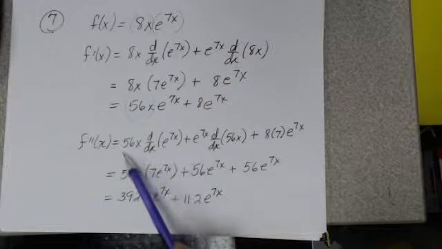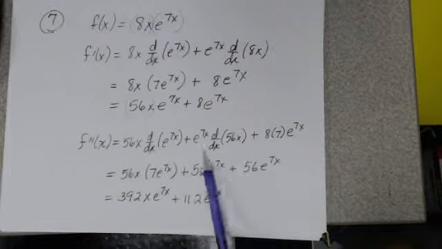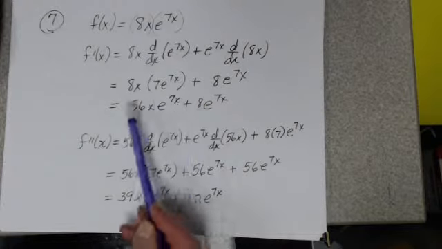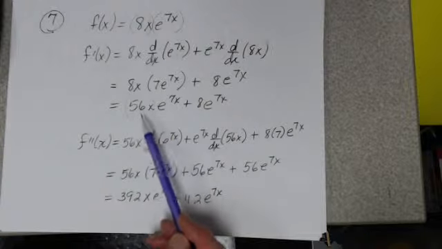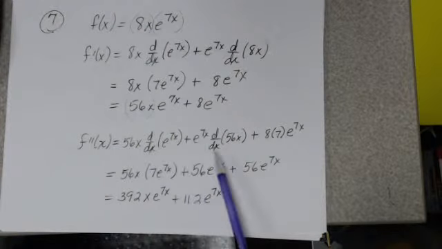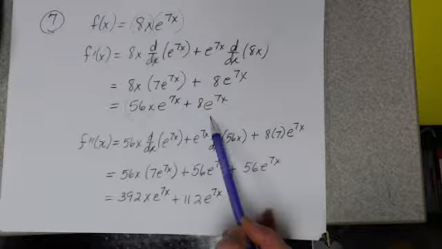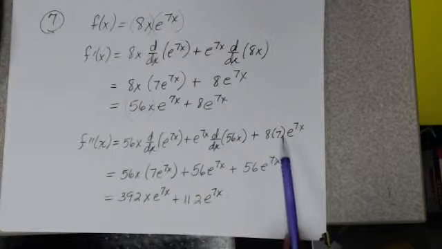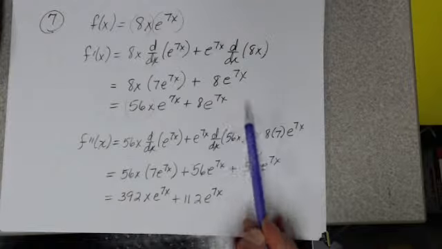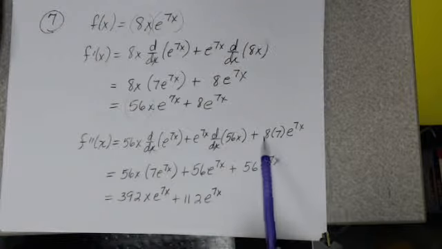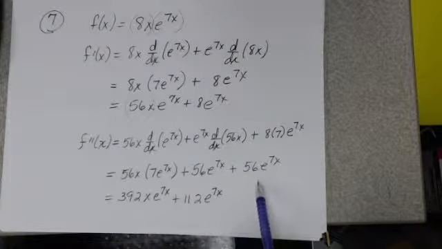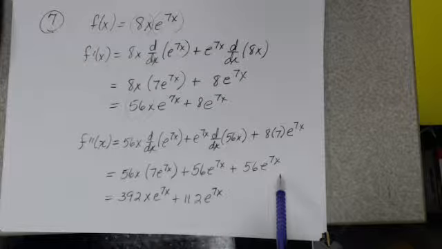Again, the sum of those expressions represents the derivative of 56x e to the 7x. Then the derivative of 8 times e to the 7x would be the derivative of e to the 7x, which is 7e to the 7x, times 8, so 56 e to the 7x.